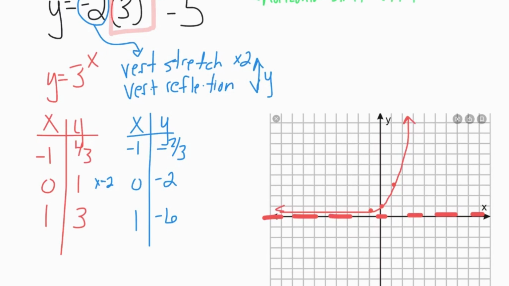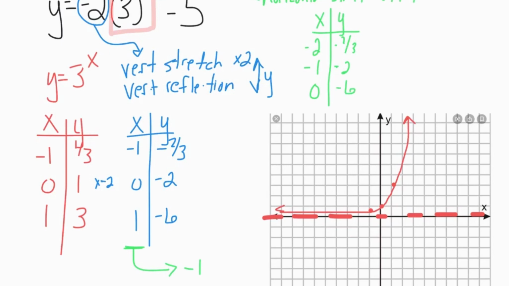So that means I'm going to take all my x values here, and I'm going to go to the left 1, so I'm going to subtract 1 from all of them. So my new x values become -2, -1, 0, and the y's stay at -2/3, -2, and then -6.